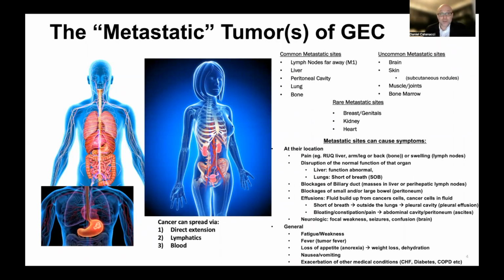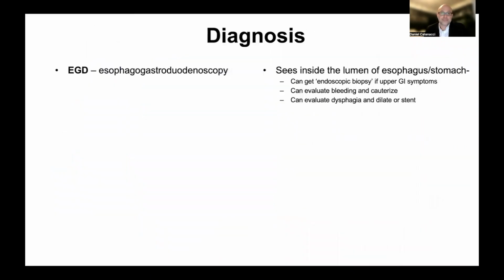We also talked about that each of those locations, when it spreads to them, can cause symptoms, and that sometimes the primary tumor can be relatively quiet and not causing many symptoms, but it's the metastatic site that is the heralding problem that brings you to the doctor and leads to further testing.